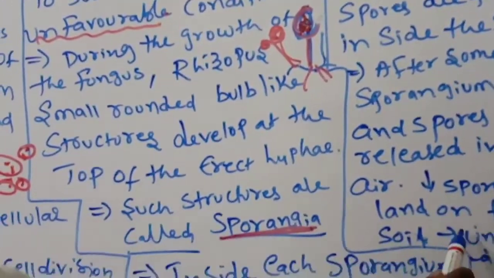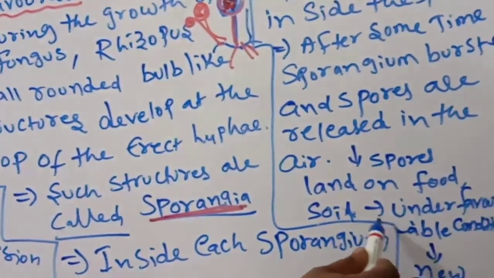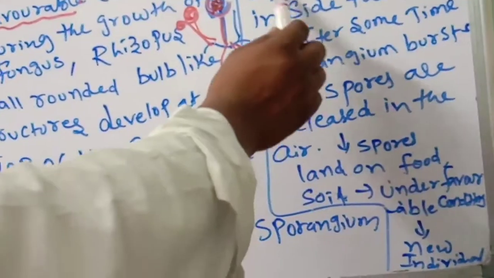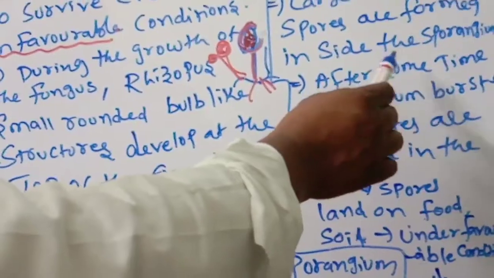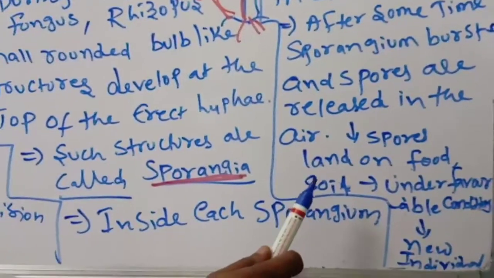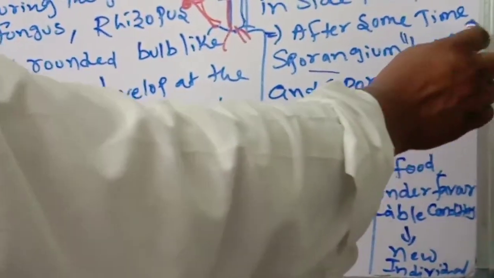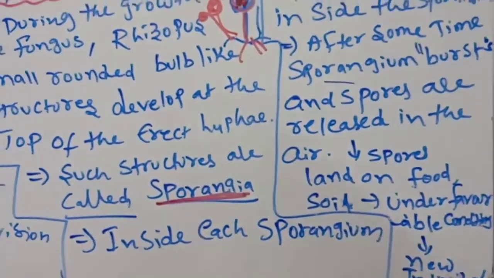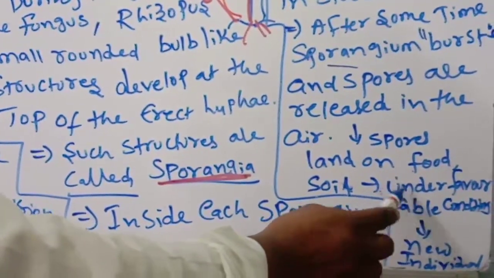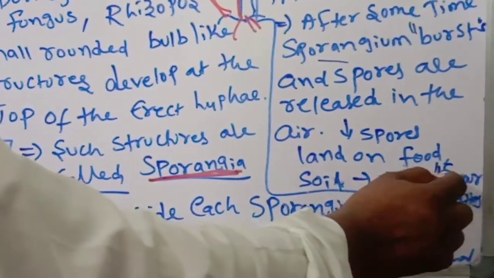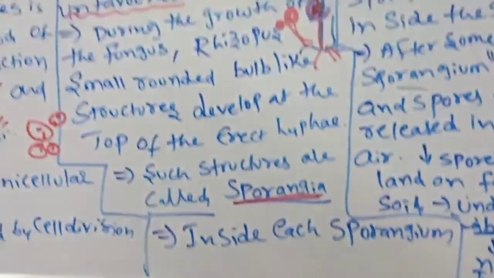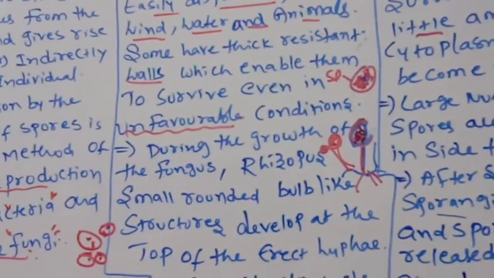The spores land on food or soil under favorable conditions, and the new individual will be formed. So this is what is called spore formation.